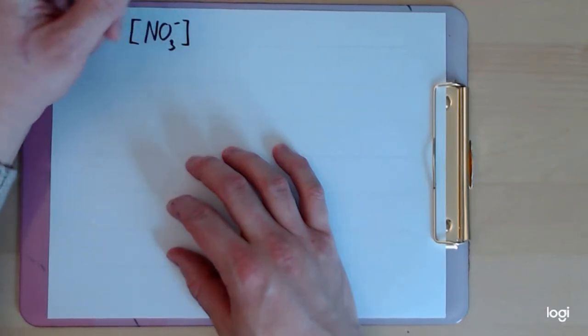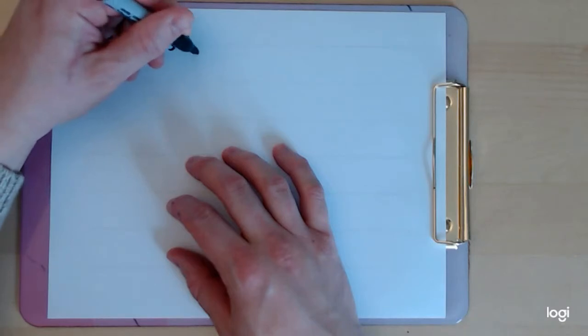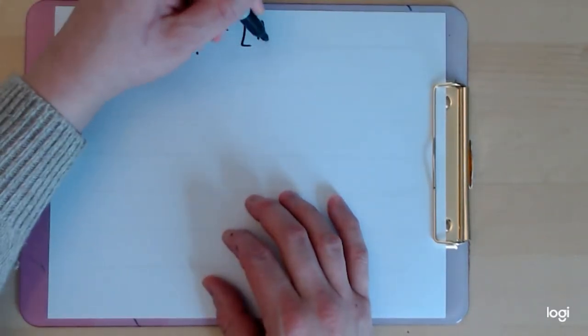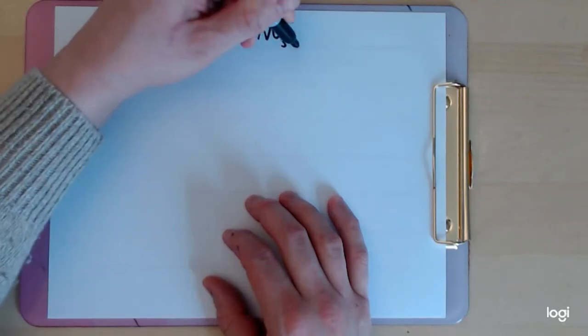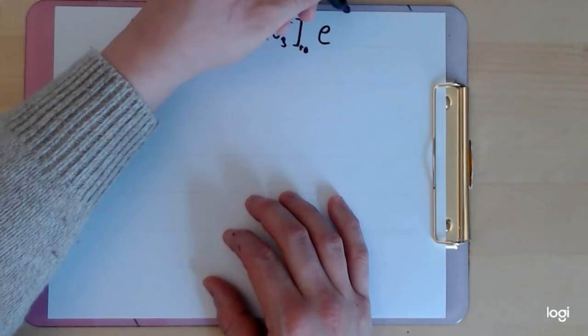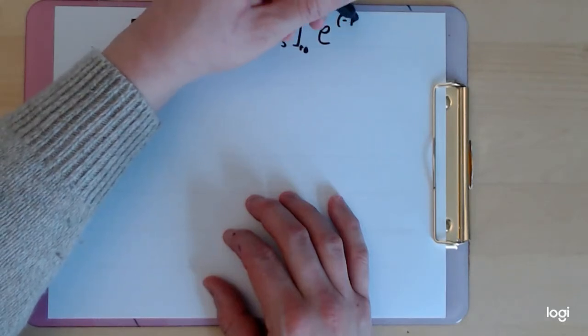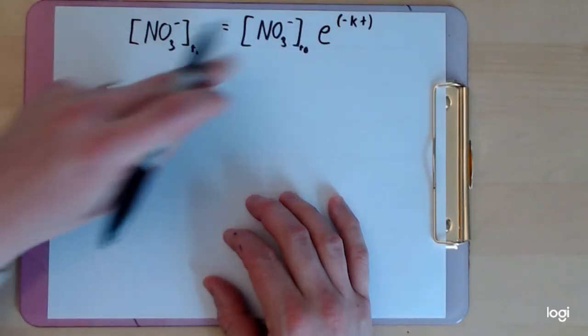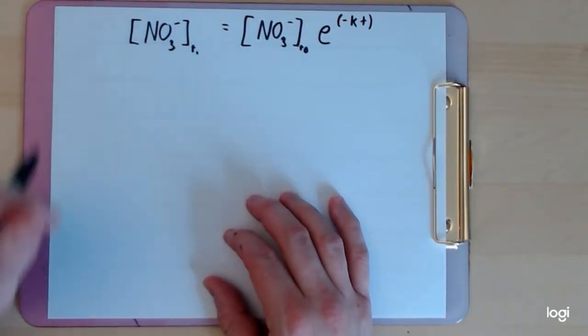Concentration of NO3 minus at time 1 is going to equal the concentration of NO3 minus at time 0 multiplied by e to the negative k times t. And time here is time 1 minus time 0.